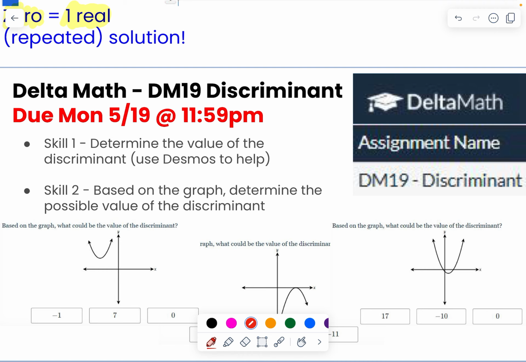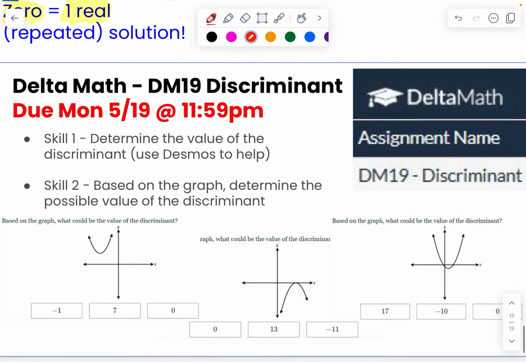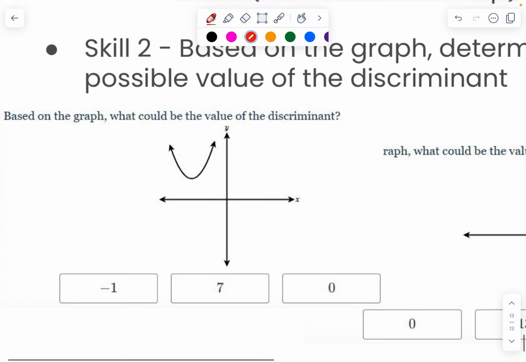Skill number 2 is based off of a graph. Figure out what could be the possible value of the discriminant, okay? So this is kind of like when you have a suspect in a lineup and you have to figure out who could potentially fit into the puzzle here, right? Think like a crime scene. So, for example, I put some screenshots down here so you guys kind of see what skill 2 looks like, right?